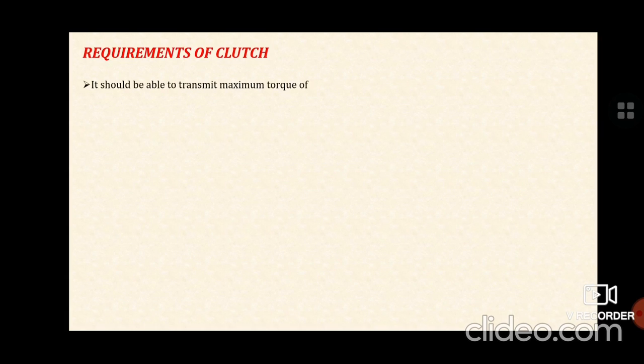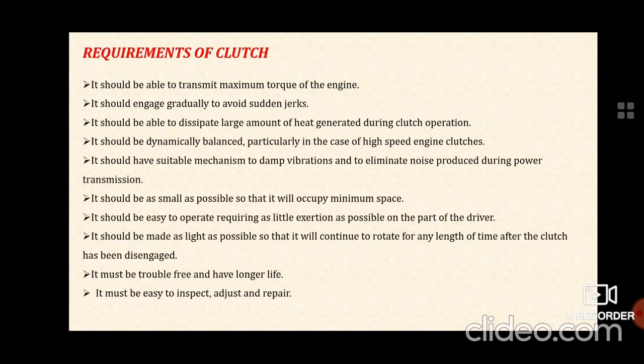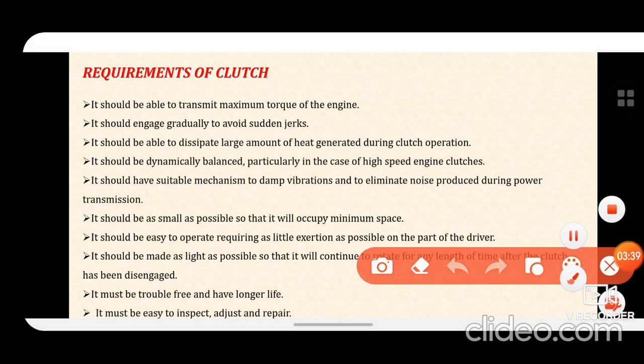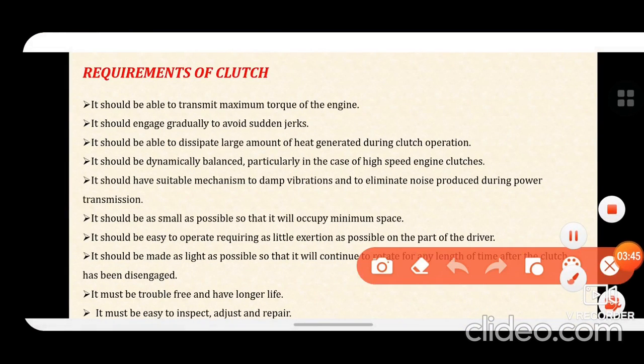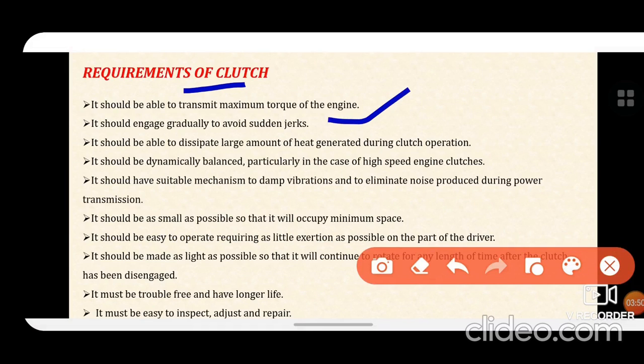Now, in the next slide we will discuss various important requirements of the clutch. So let's discuss it one by one. First, it should be able to transmit the maximum torque of the engine.